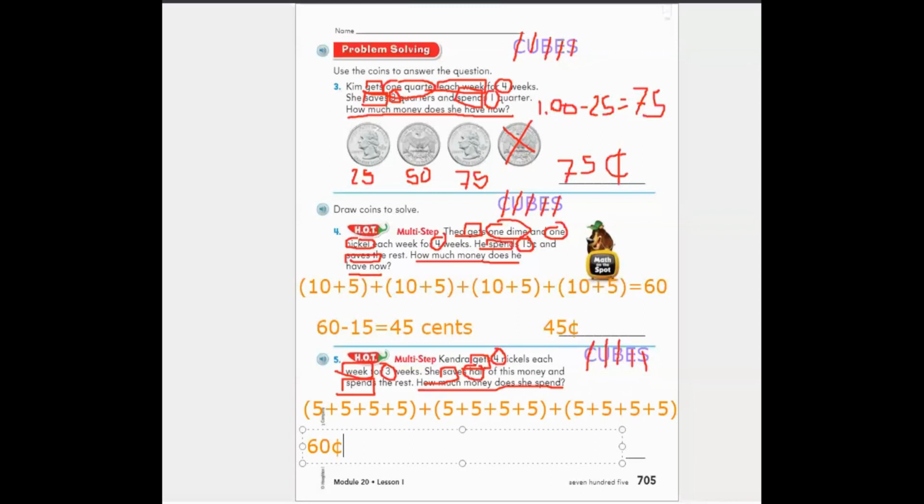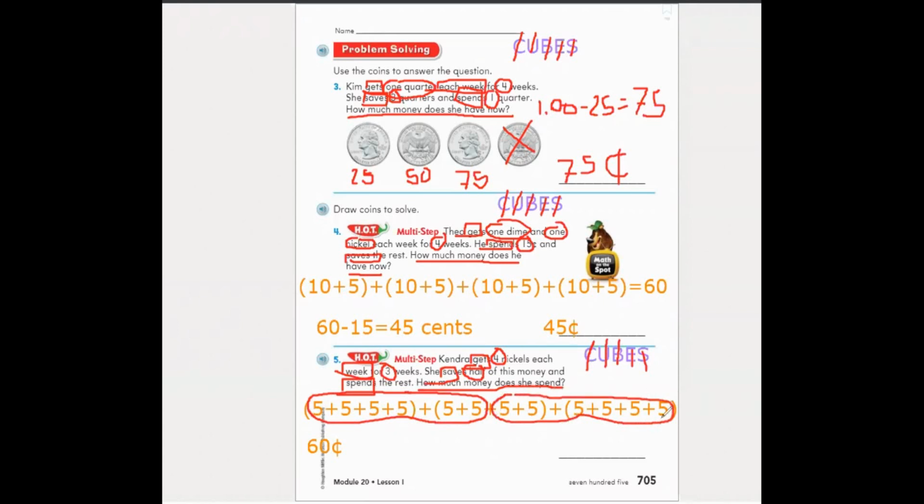60 cents. They say she saves half and spends the rest. So what I'm going to do is draw here, cut it in the middle. So she saves this and she spent this.